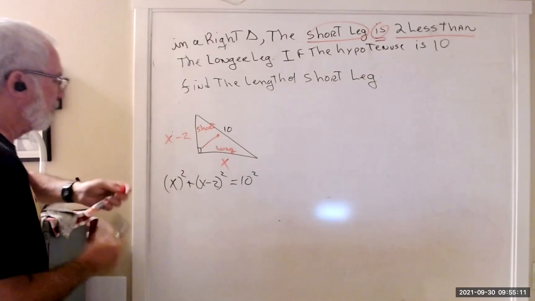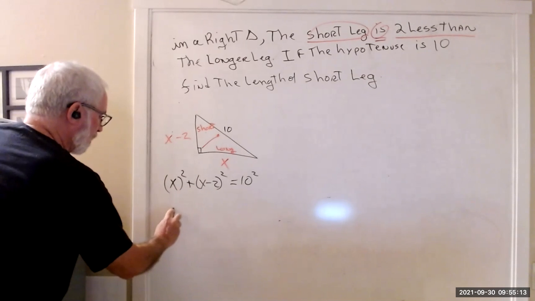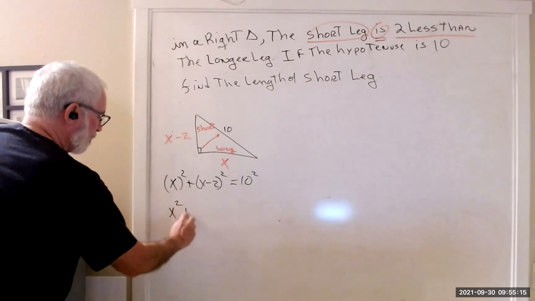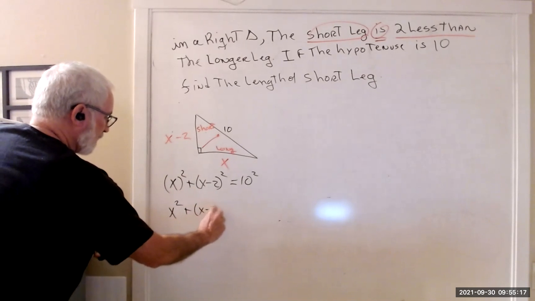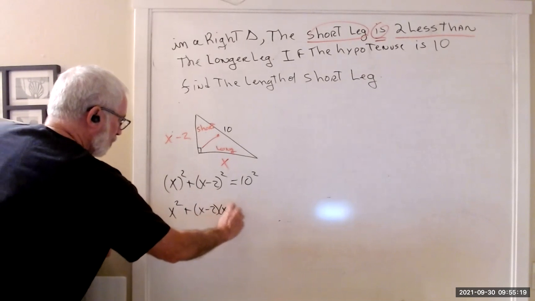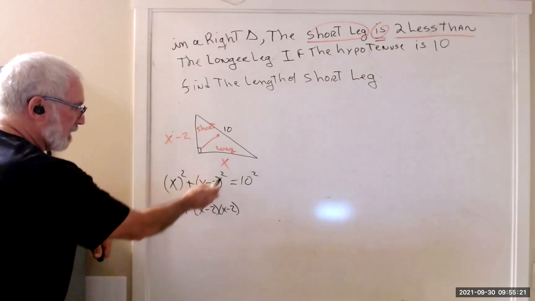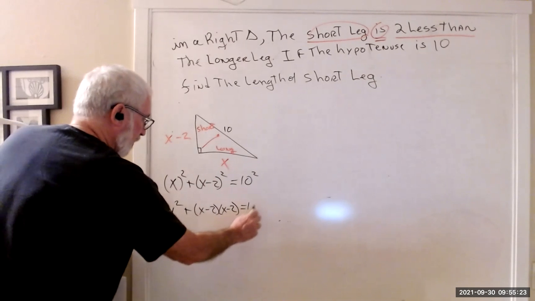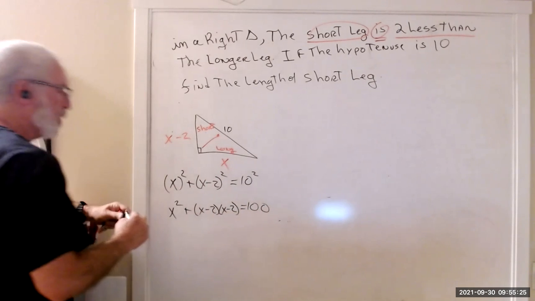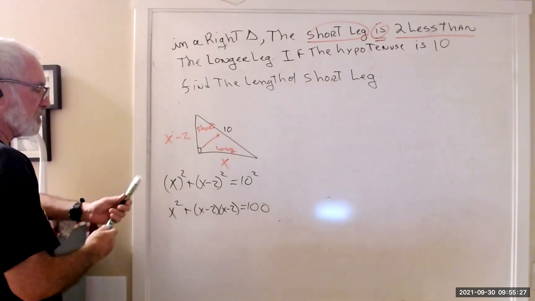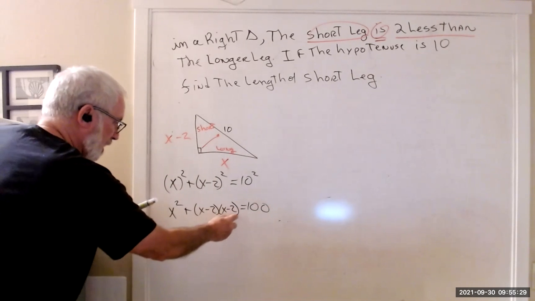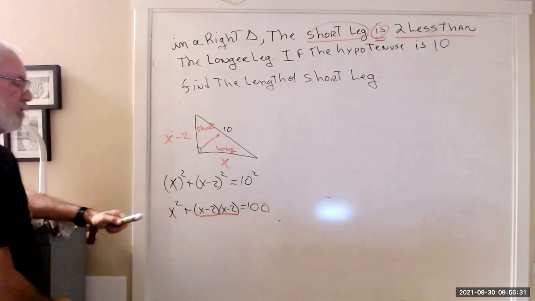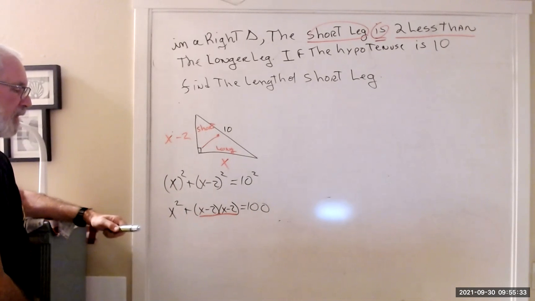What you're going to do here is call this x squared plus x minus 2 times itself, because that's what squaring means, equals 100. Now, the most common place that people are going to make a mistake is right there. They're going to multiply that out wrong.